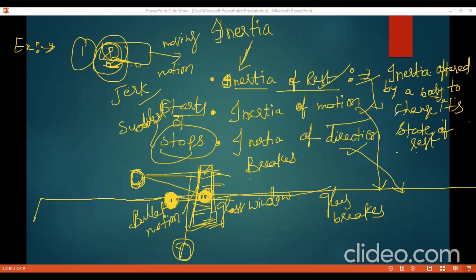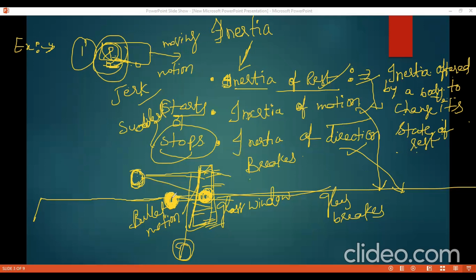Got it? Very good. So if you observe this example, we can observe that because of inertia of motion, the bullet is making a hole in the glass window.